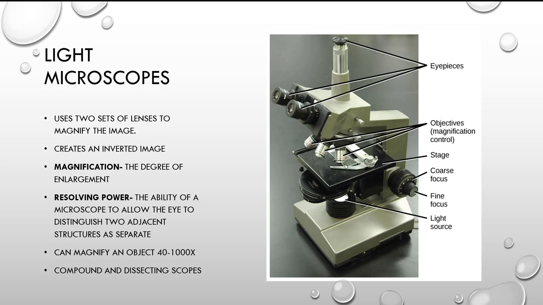So if you have pond water that's moving around, you can watch it under the dissecting scope and not worry about the lens touching the water. Okay, it doesn't magnify as well. It works a little differently, but it's still a way that you can get some magnification without having to worry about any lenses touching water and getting salt or whatever on there. Okay, so there's two types of light microscopes there.